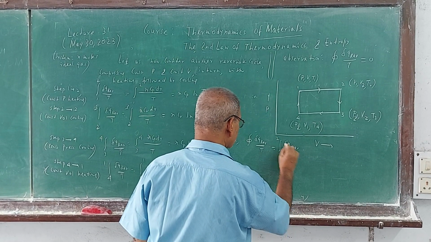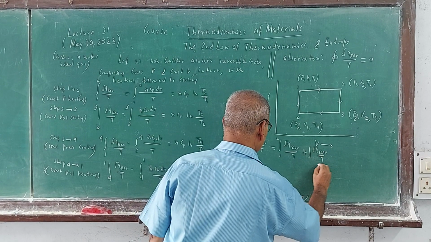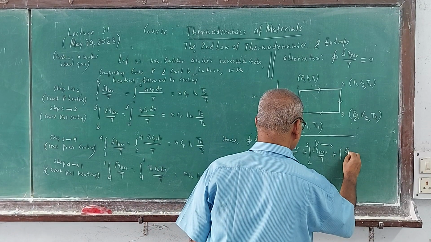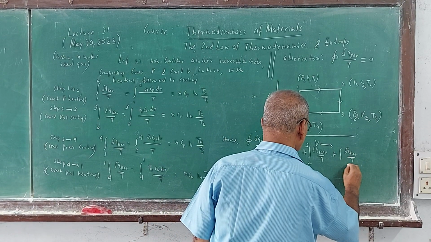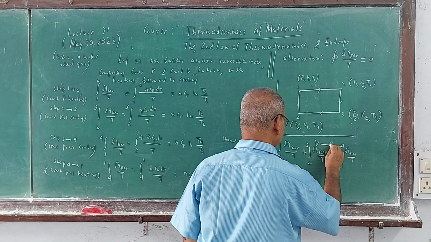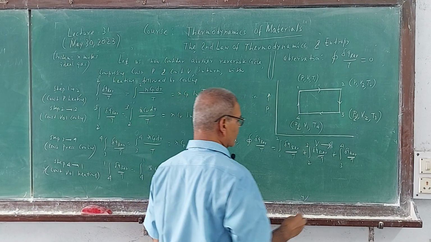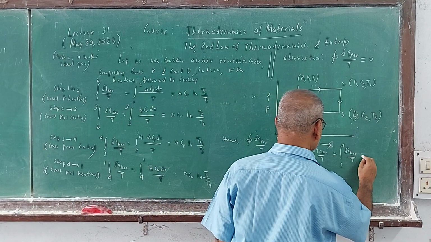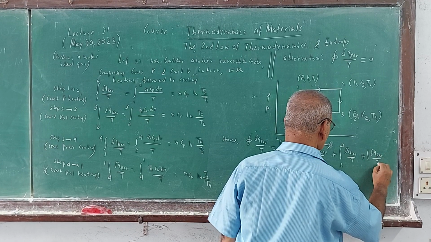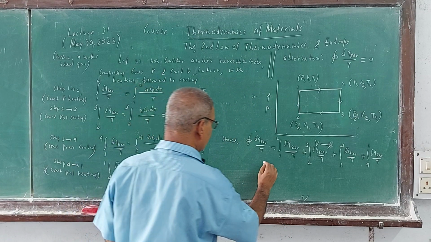Step 1 to 2, plus dq reversible by T for 2 to 3, plus dq reversible by T for 3 to 4, plus dq reversible by T for 4 to 1. Just substitute your results from this side.